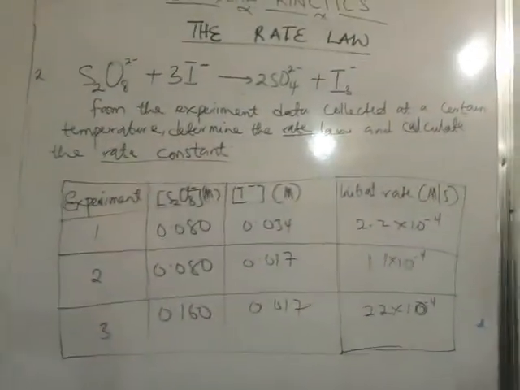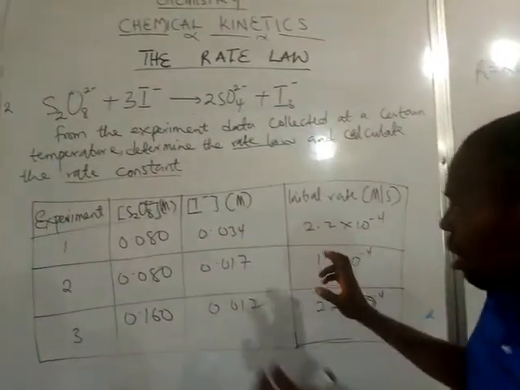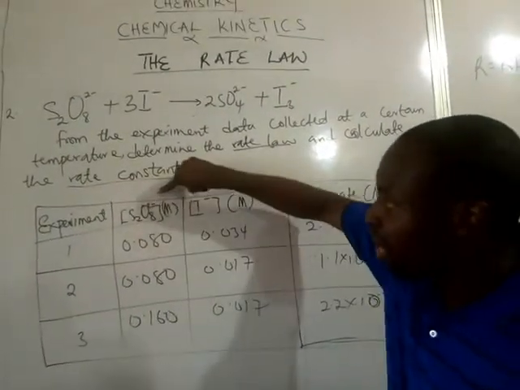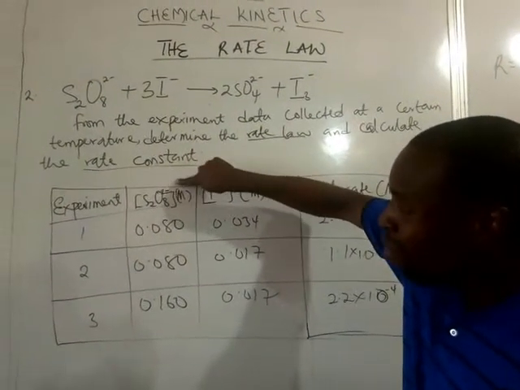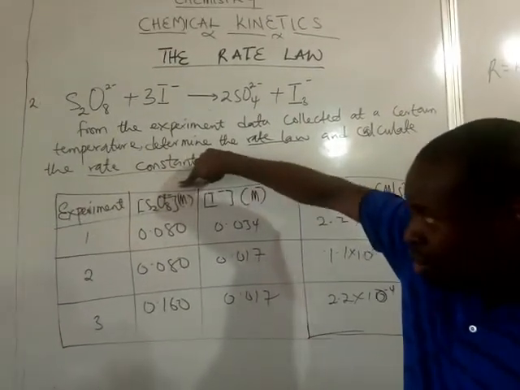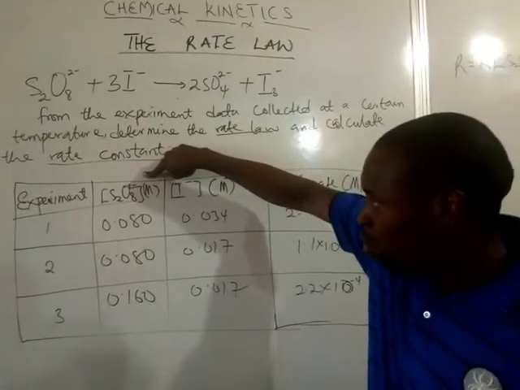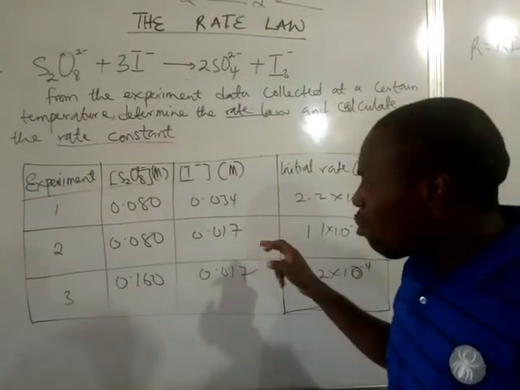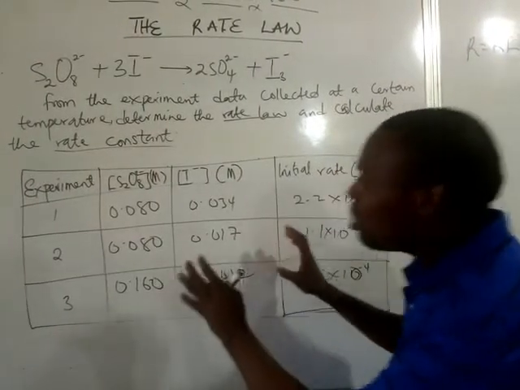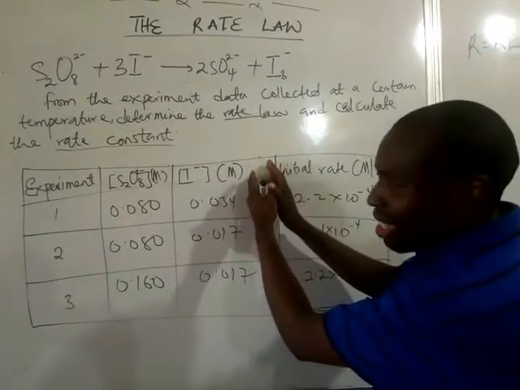If you look at this question, we check at which place to get the order of this first reactant here. We check where, at which point, that of the other reactant is the same.